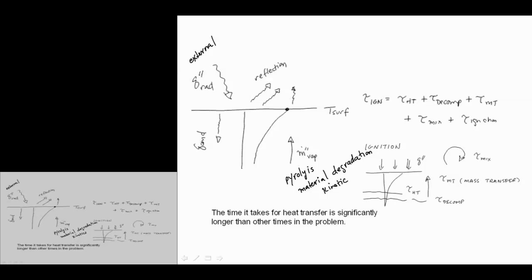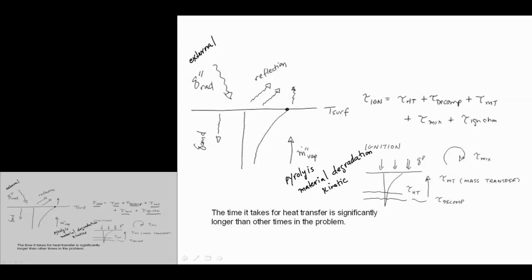And if we think about this more or less as a series of related and required steps where the ignition process is required, the ignition time can be thought of as depending on a time for the heat transfer, a time for decomposition, a time for the mass transfer process, a time for the mixing process, and a time for the ignition in the gas phase.